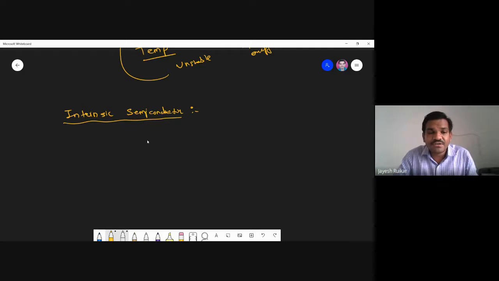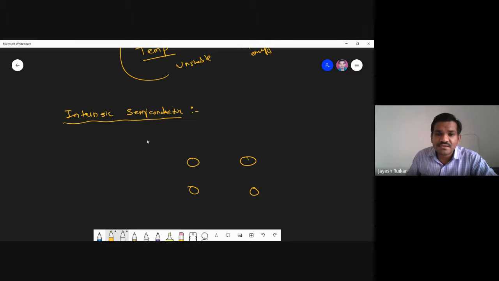When we talk about silicon, this is the silicon atom, this is second, third. Let me draw this silicon atom. And this is the electron. Now I'm drawing a somewhat different diagram. Each silicon atom has 4 valence electrons.